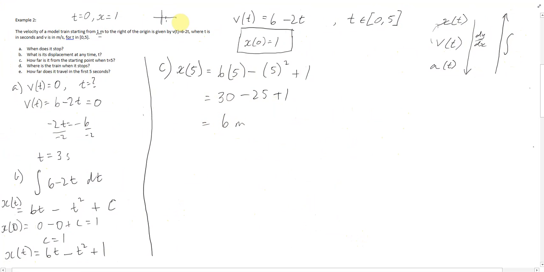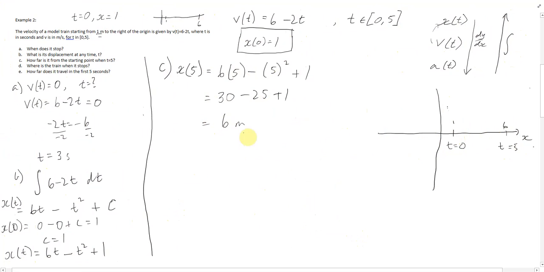So up on our tiny little graph, here it is at 6. Let me do a nice larger graph over here. Okay, so let's make this the displacement here. So here it is at 1 after time 0, and here it is at 6 after time 5.